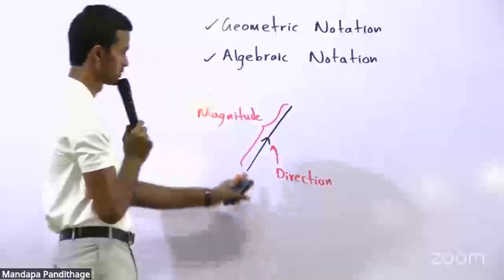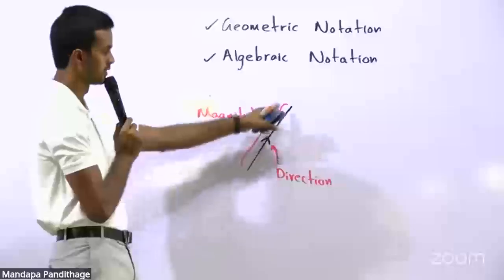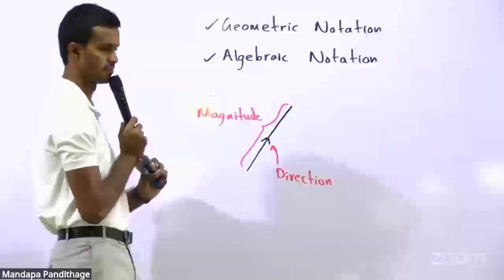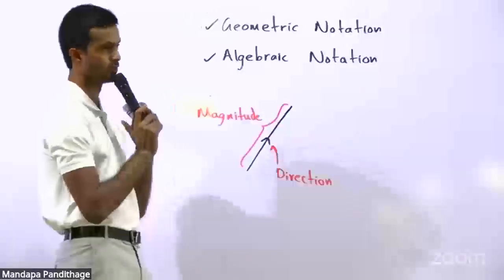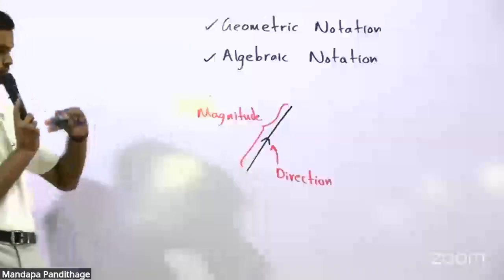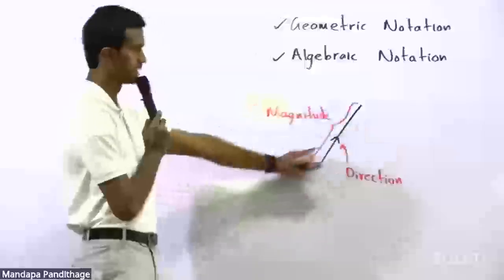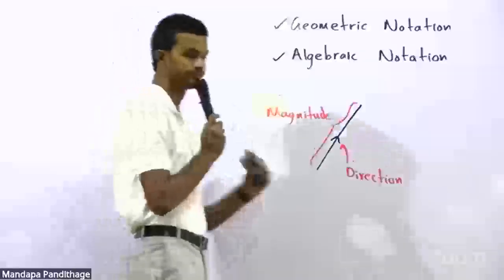Okay, then draw this one and show that this is the direction, and the length of the line segment denotes the magnitude. So this is the direction, this is the magnitude.